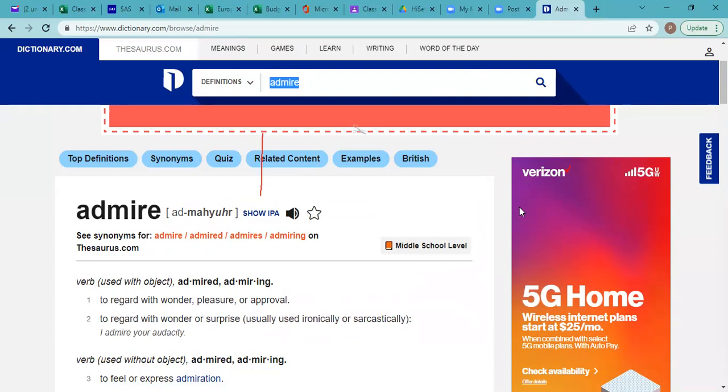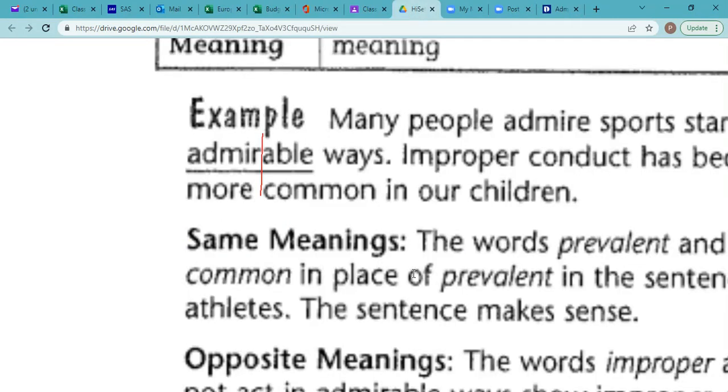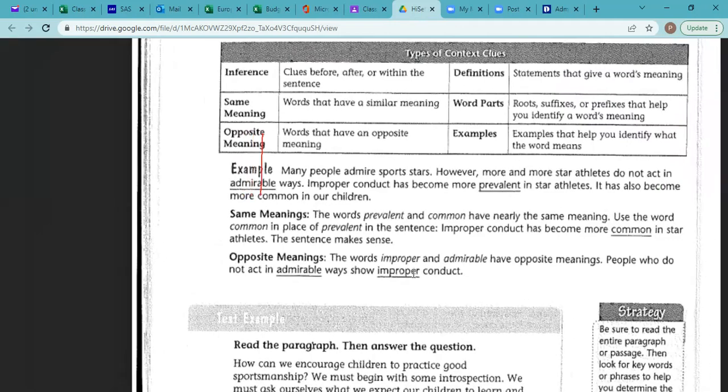You might admire your older sibling when you're young. You might admire a sports star, because they're on TV. Maybe they're really tall. Maybe they're really fit. And it's someone that maybe you would like to be. Or you're like, hey, they can do this and I can't, and I really admire that person. So that's the definition of admire.